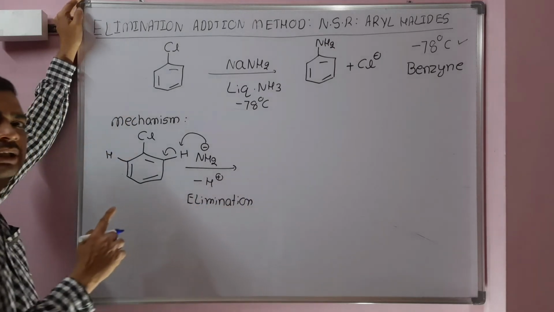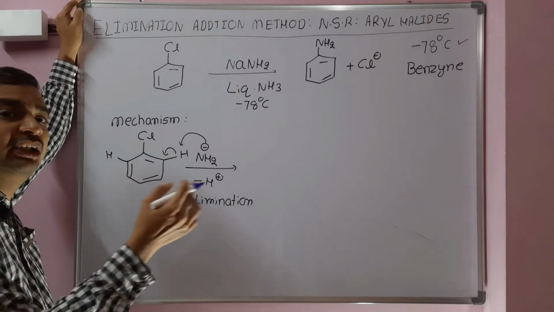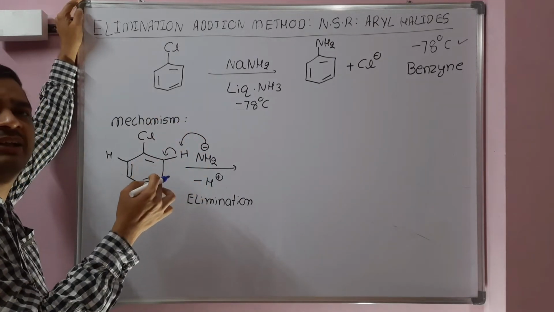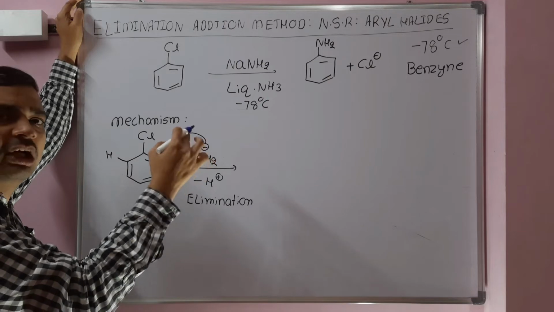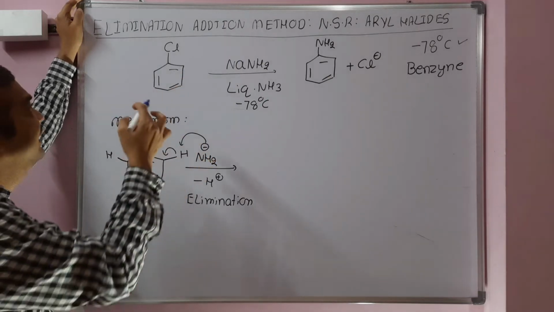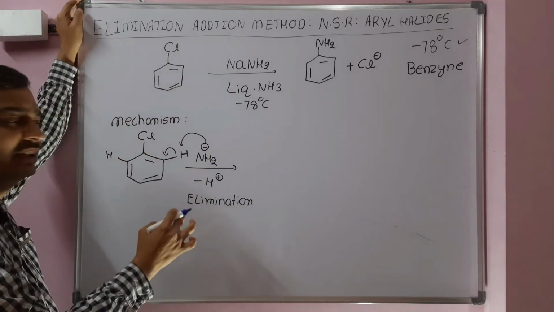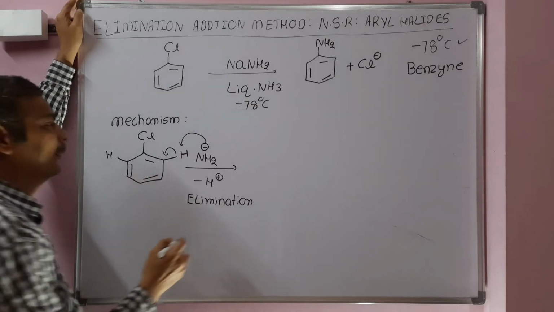Whereas in the last example, the first step is the addition: OH minus attacks the carbon containing chloro, and after that elimination takes place. But here, the first step is elimination, H plus is eliminated.